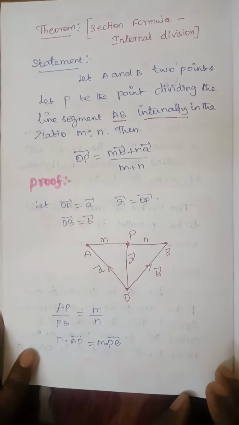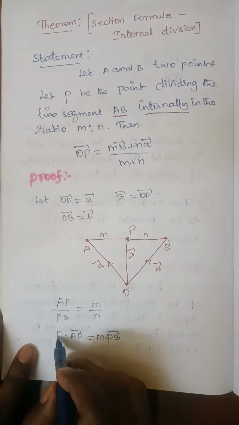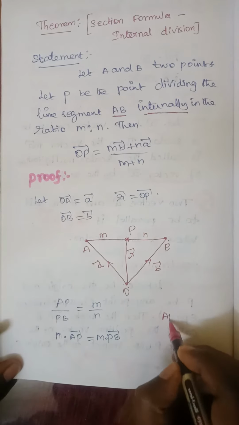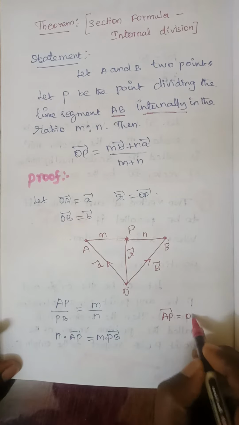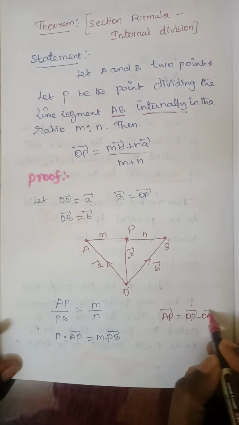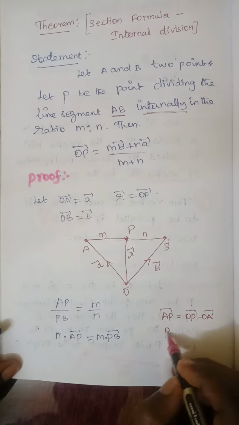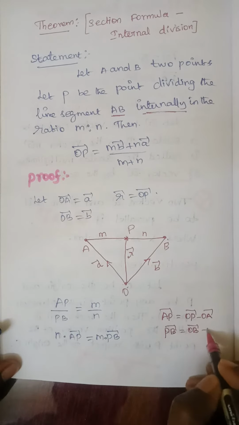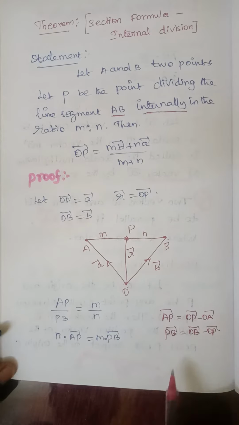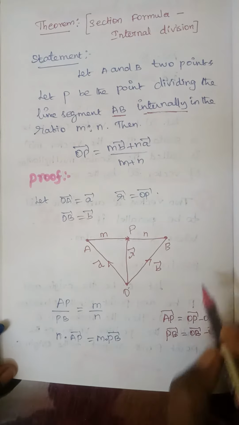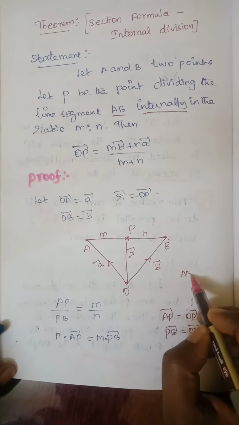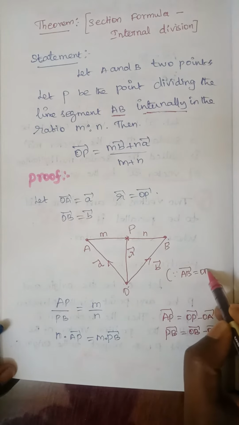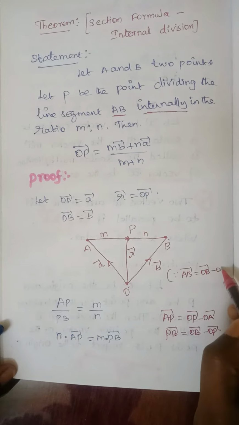So already we know the position vector. Here we can split AP vector as OP vector minus OA vector, and PB vector we can write as OB vector minus OP vector. How can we represent position vectors? AB vector, just as an example, we can split as OB vector minus OA vector.